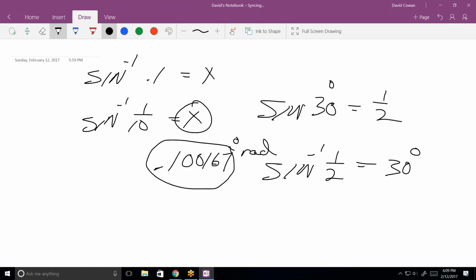Right. Okay. All right, so you're in radians. Now, you can always convert that to degrees if you want. You would multiply it by 180 over pi, and if you take that answer you got and multiply it by 180 over pi, you should get 5 point something. See if you do.